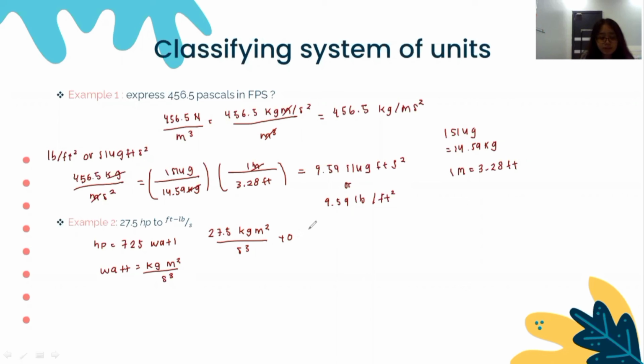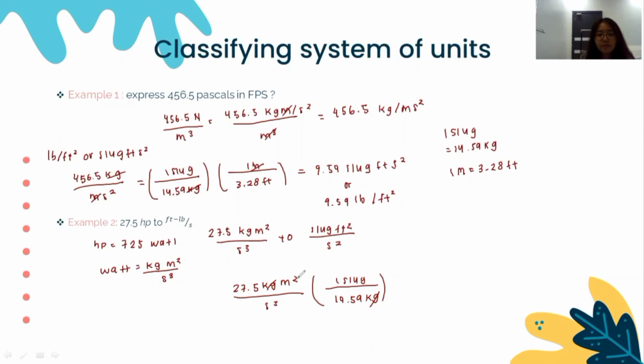Foot-pound per s can also be written as slug feet squared per s squared. Now we are going to convert kilogram to slug. 27.5 kilogram meter squared per s cube times 1 slug per 14.59 kilogram. Cancel the kilogram out.